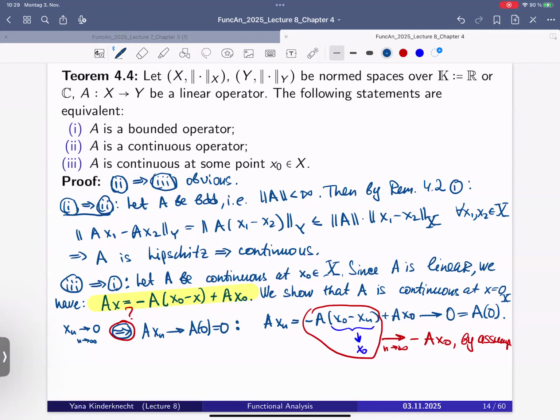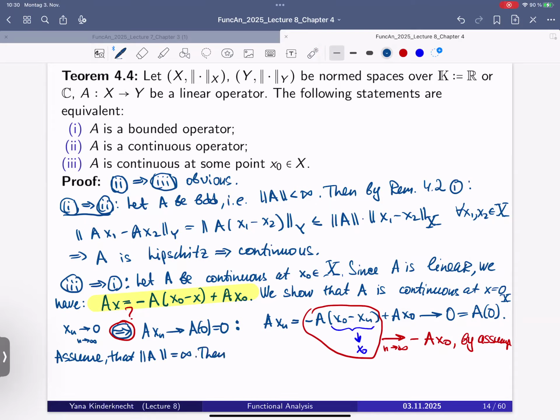So we have shown this. Now assume that this statement is not true. That is, the operator A is unbounded. That is, its operator norm is infinity.